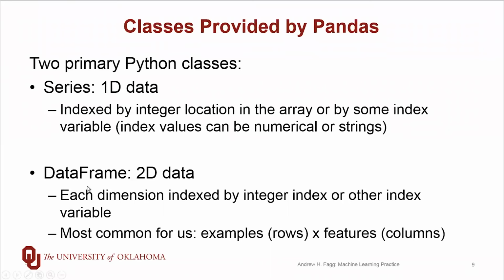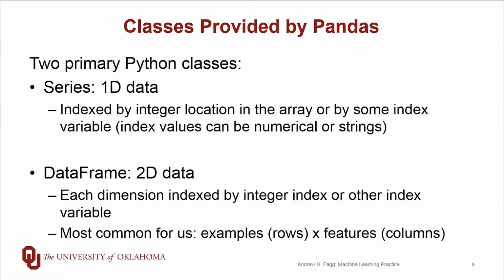The data frame, we'll be spending most of our time with this. This is all about representing two-dimensional data. It's very typical for us to be representing data in this format where our rows are different examples and our features are different columns.